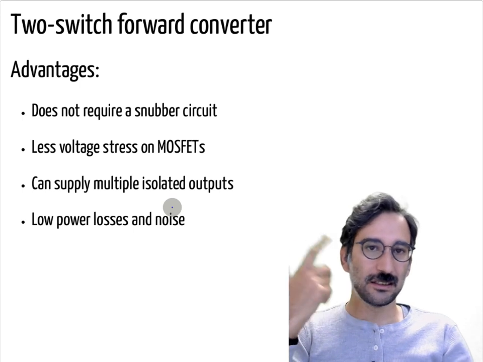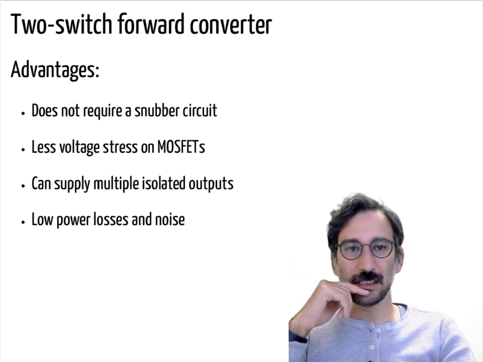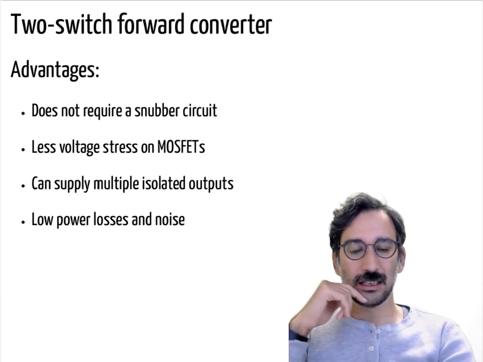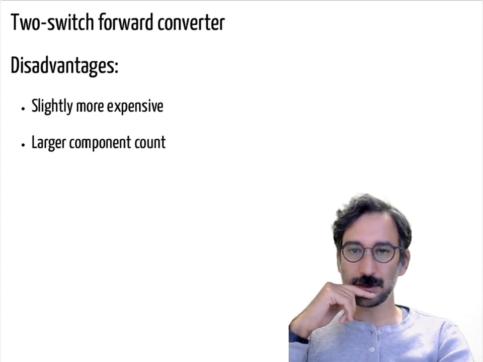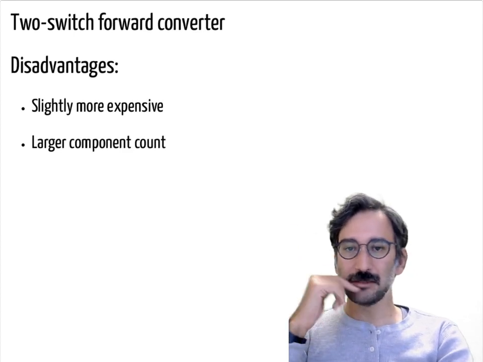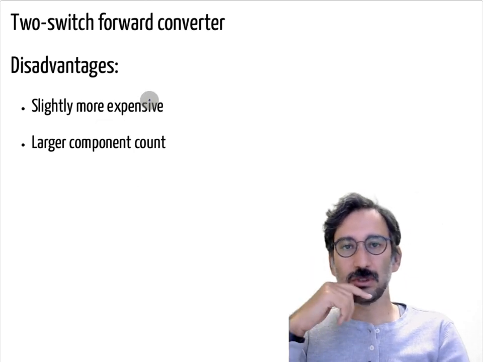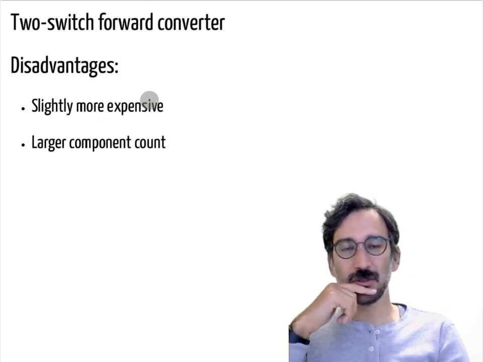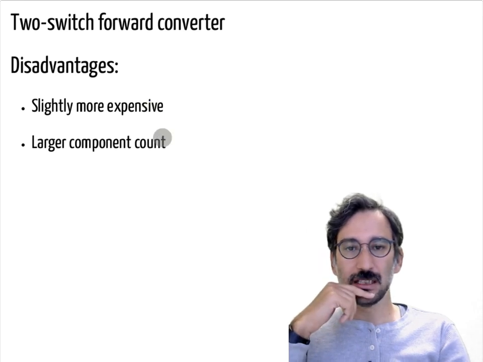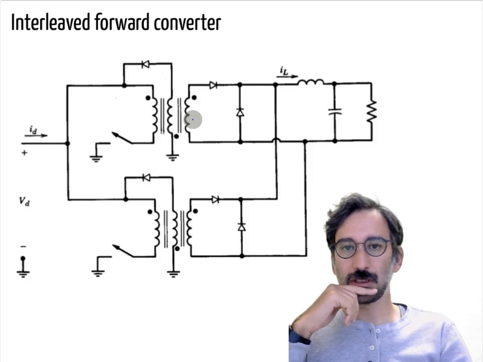Since you have fewer windings in the two switch combination, you will have fewer acoustic problems. The cost depends on the application, but using an extra MOSFET, drives for that MOSFET and an extra diode can increase your cost, and you have larger component counts.